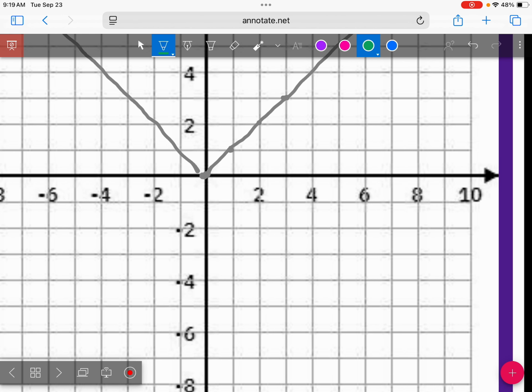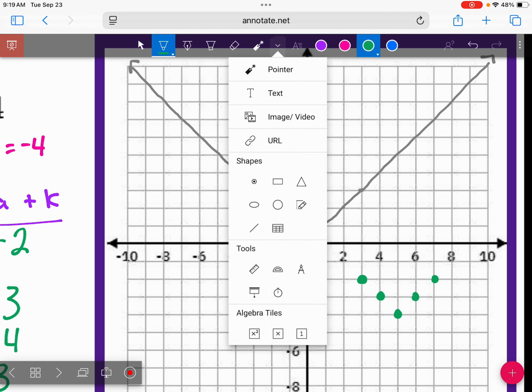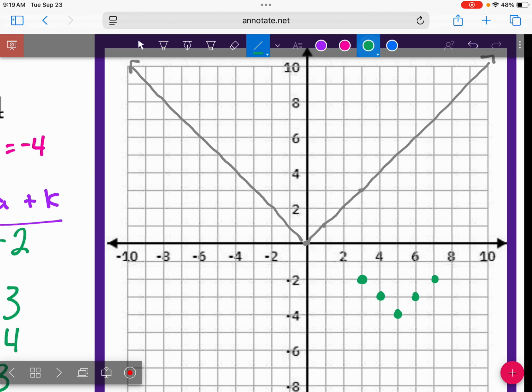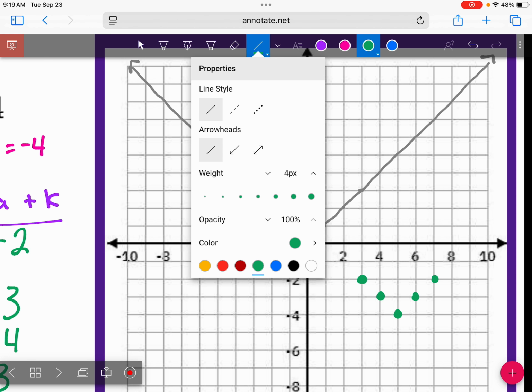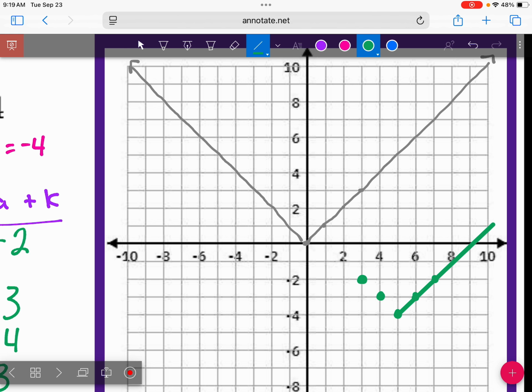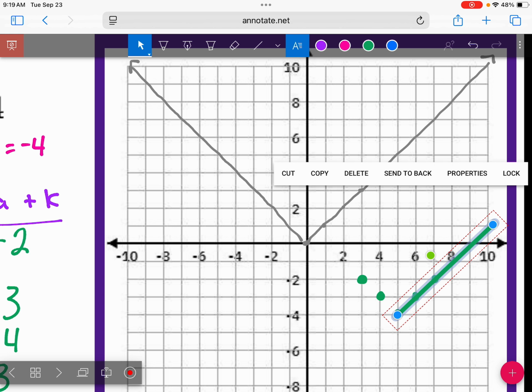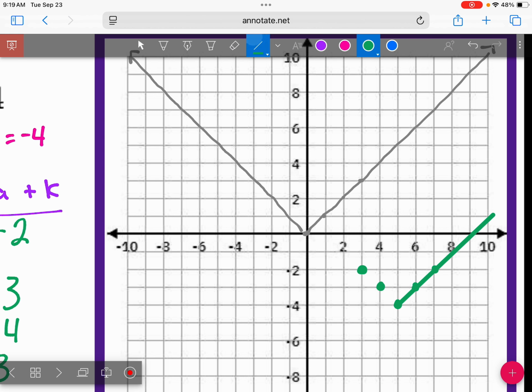So plotting up these points, we should get a graph that looks like this.